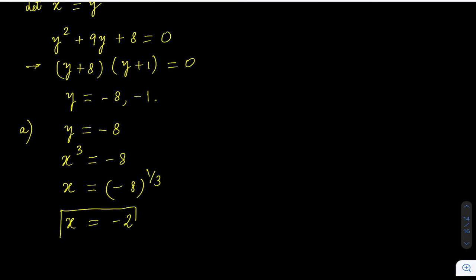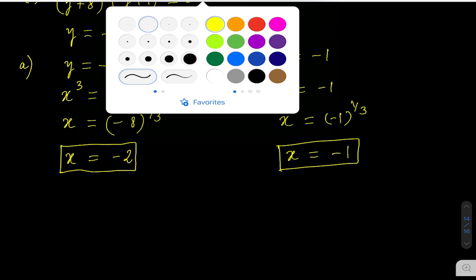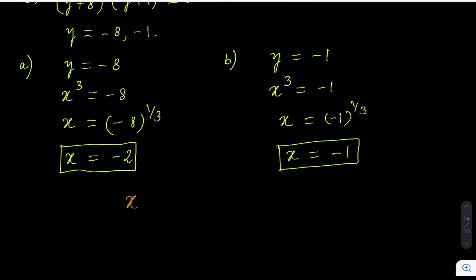So this is one of my answers. Now the second case is y equals minus 1. So x cube is minus 1, which means x is nothing but minus 1 power 1 over 3, which implies x is minus 1. So this is my second answer. So the answers for this part are x can be minus 2 or it can be minus 1.